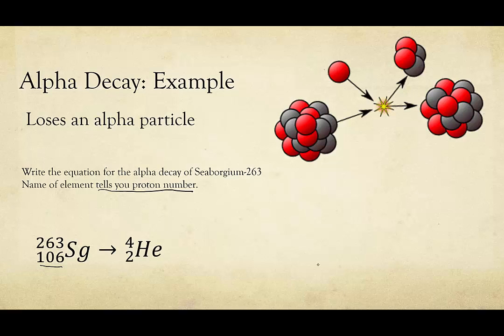From here, we know that it undergoes alpha decay, and so we're going to have a 4 mass number, 2 proton helium atom coming off, and then we see what's left over. We take our 263 mass number, subtract our 4 from it to give us 259. We take our 106 proton number, subtract our 2, and we get 104. We then go to the periodic table and find that the atom with a Z of 104 is Rf. And we have completed our equation.